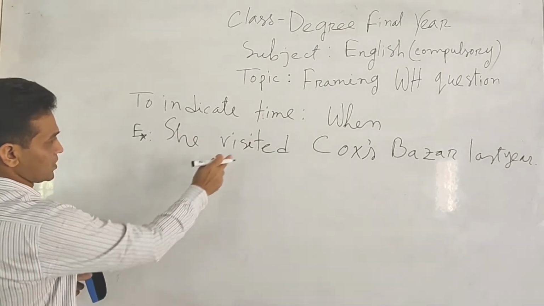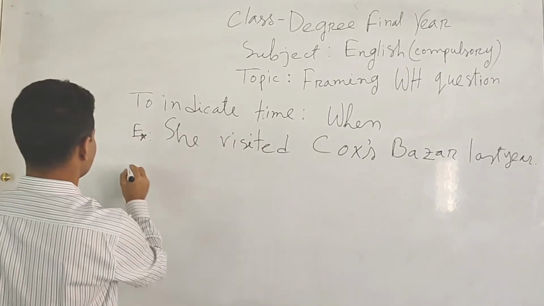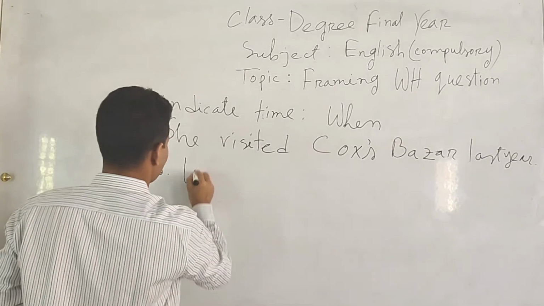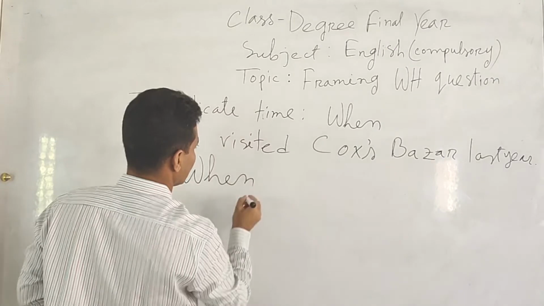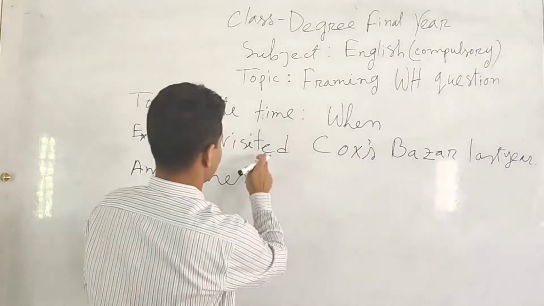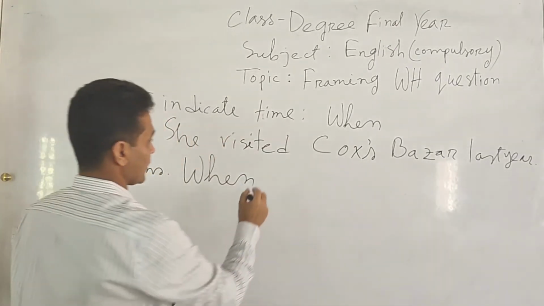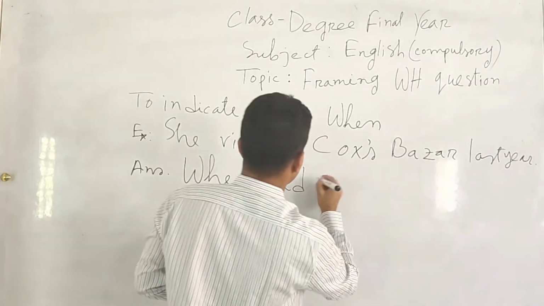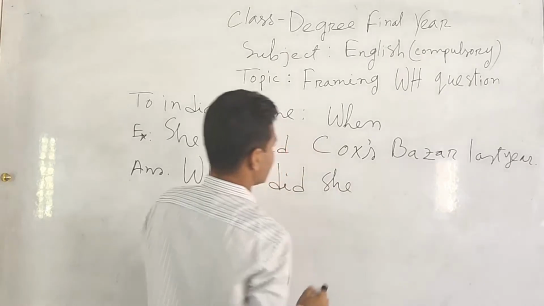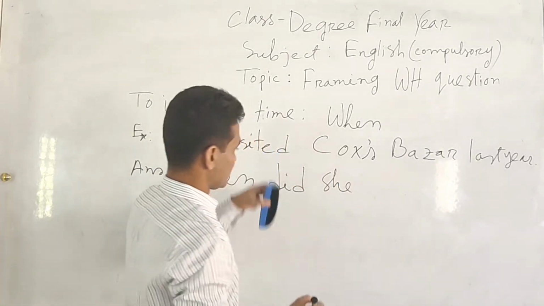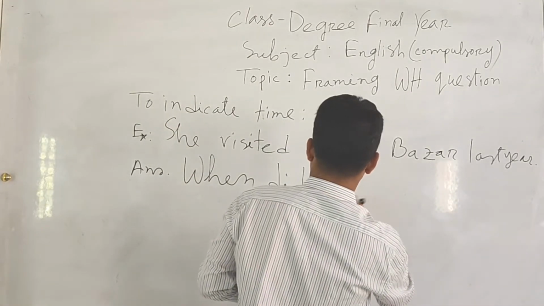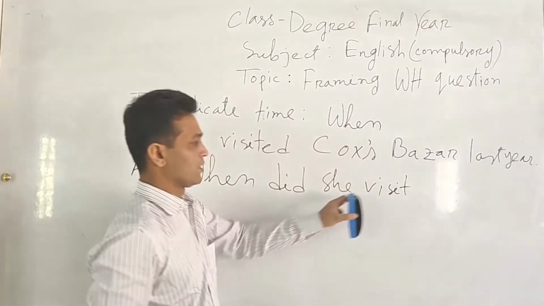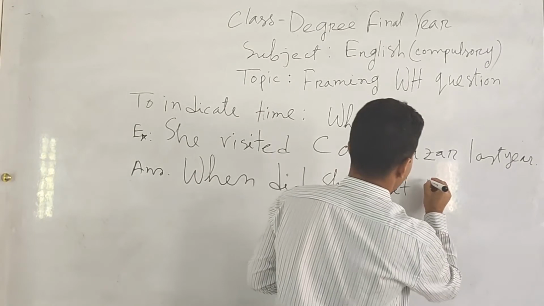So, to form a WH question from this sentence, we use, of course, when. Did is the auxiliary; when did, subject she; when did she visit, principal verb; when did she visit Cox's Bazar?